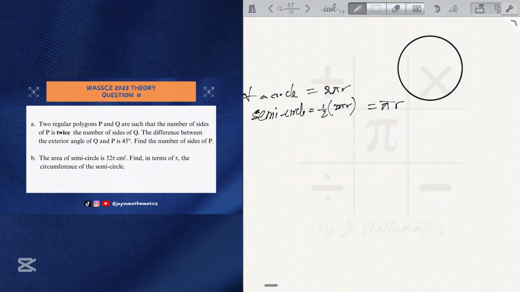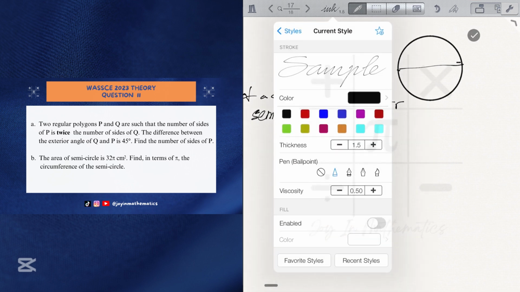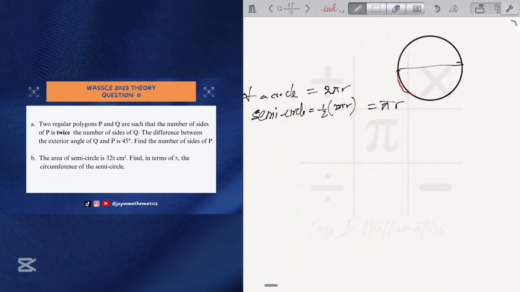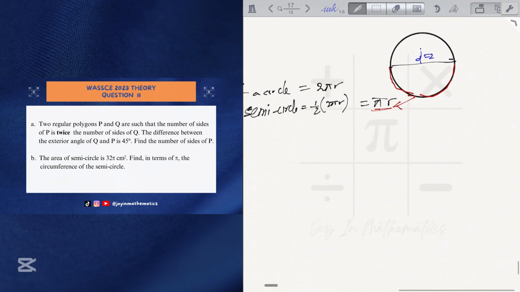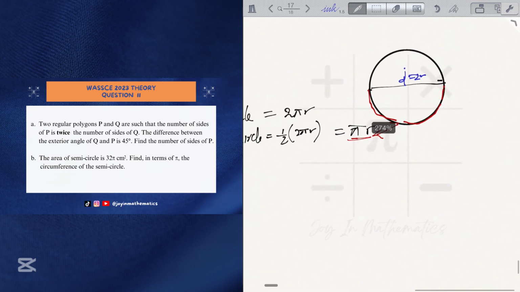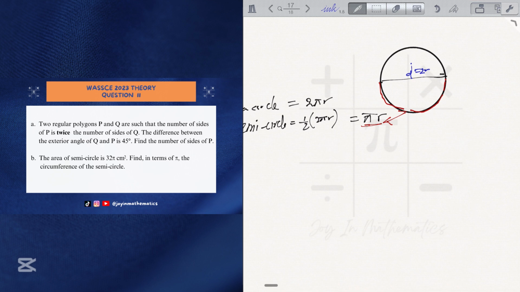And if we have half of the circle, the perimeter or the circumference of a semicircle will be the length of this curve, that's pi r, and there will be an addition of the diameter, which is equals to 2r. So with this, we understand that the circumference of a semicircle will be equals to pi r plus 2r.